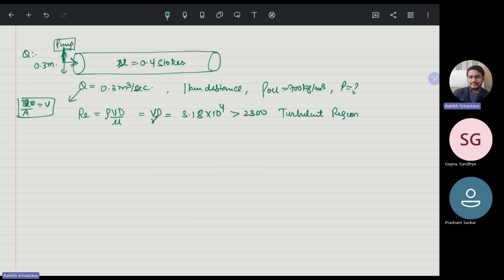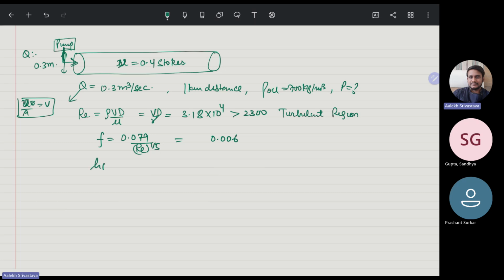Now, because it is a turbulent region, we will use the formula for turbulent flow. The friction factor is 0.079 upon Re raised to the power 1 by 5. We know the Reynolds number, so if you put it in, you will get 0.006. This is the friction factor.